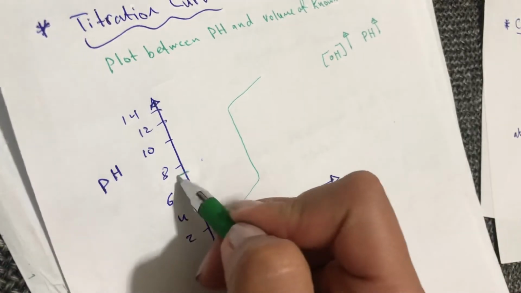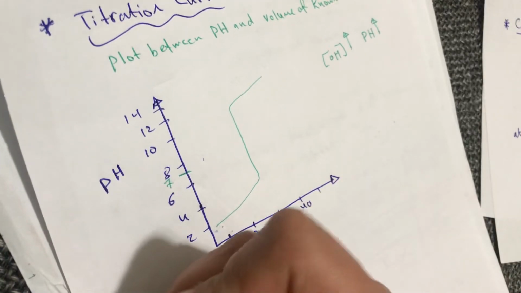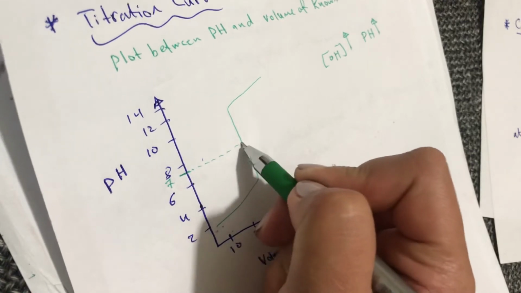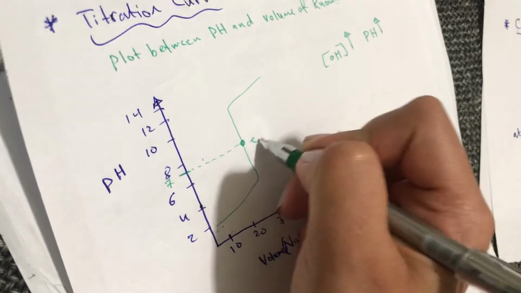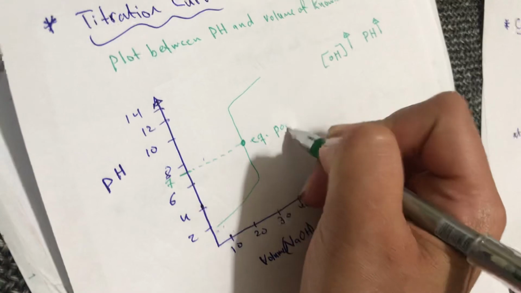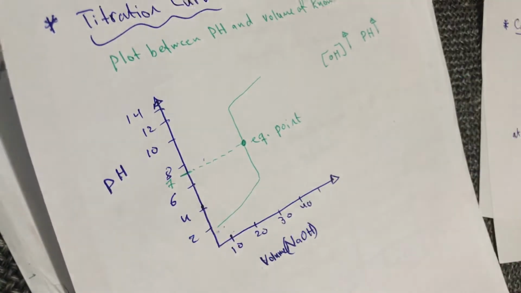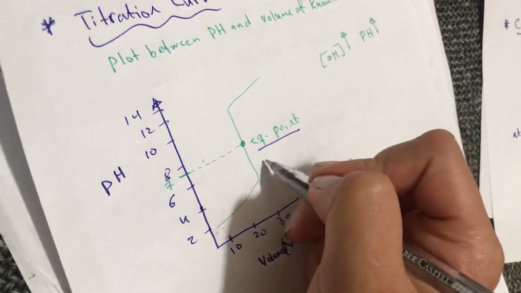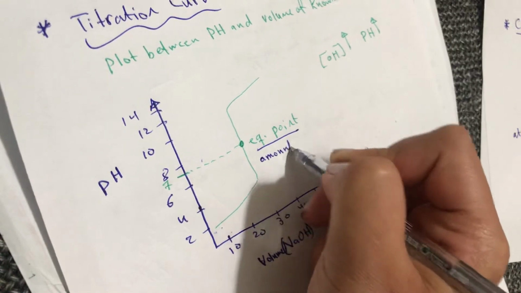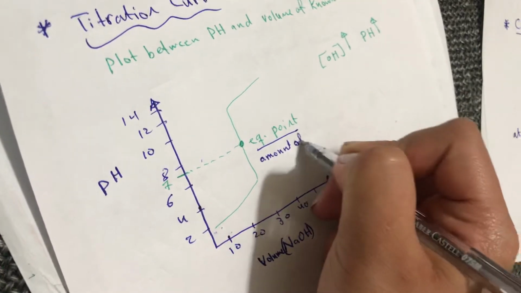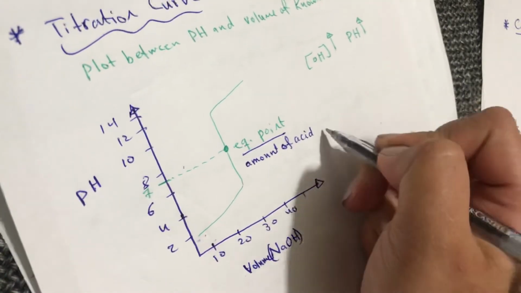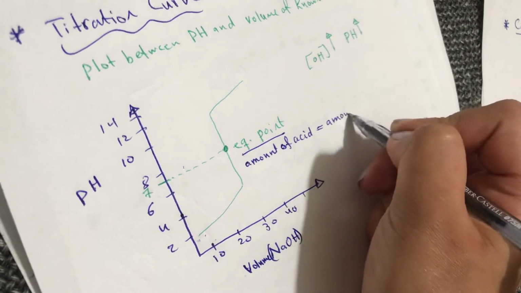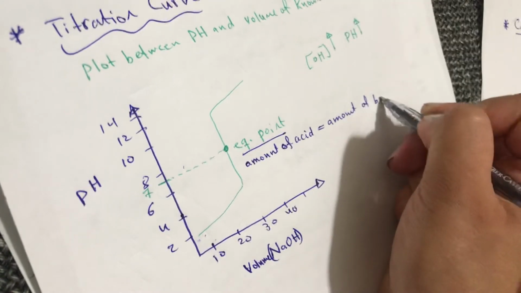So at pH equals 7, this point is called the equivalence point. The point at which the amount of acid equals the amount of base.